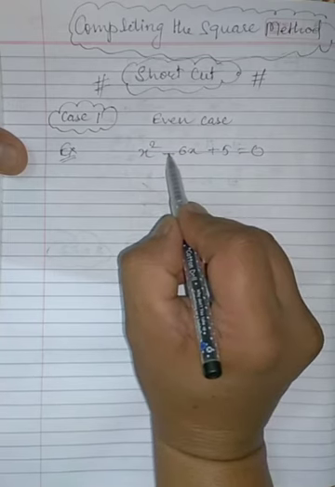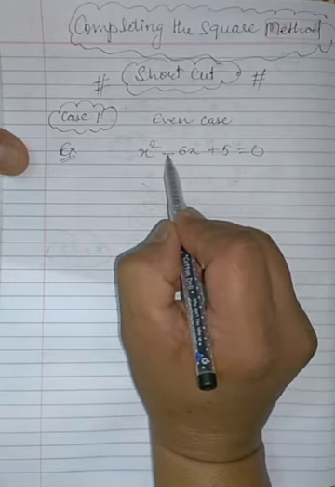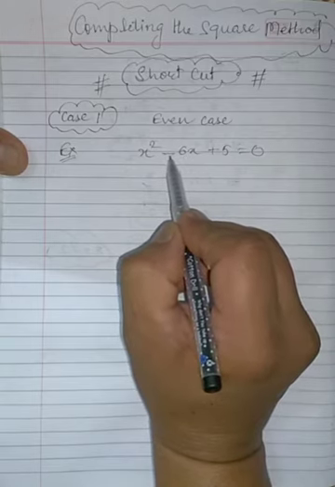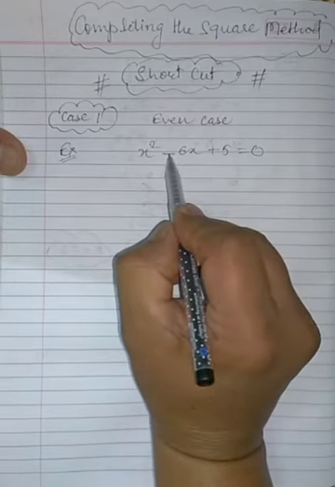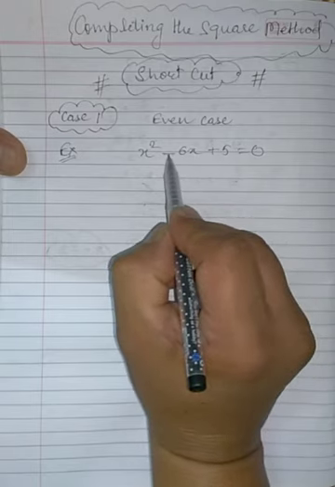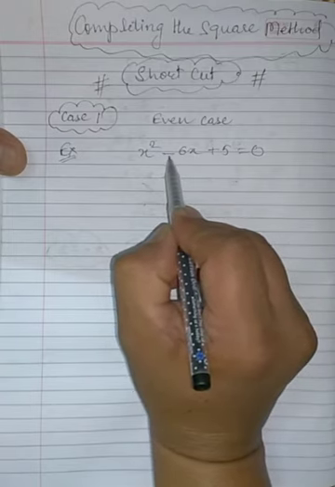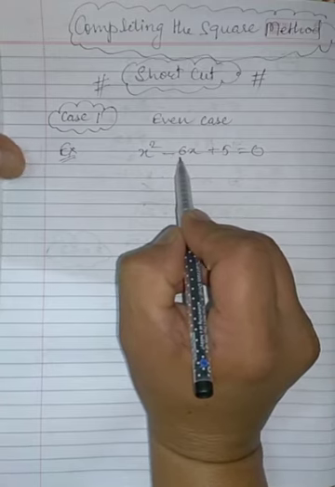If it is plus, it will be a plus b whole square. So which formula will be used, a minus b whole square or a plus b whole square, depends on the sign of the middle term, which is x. Here we have a minus sign, so we will apply the formula of a minus b the whole square.